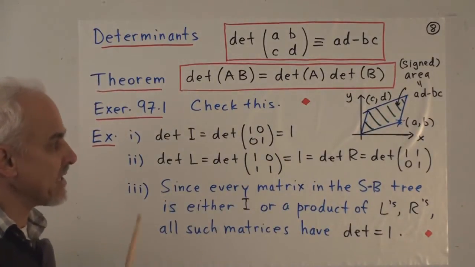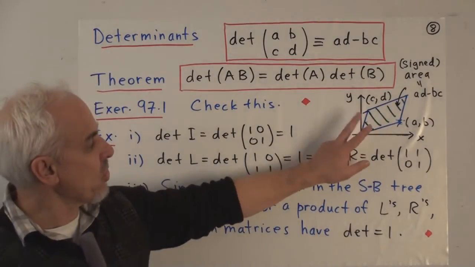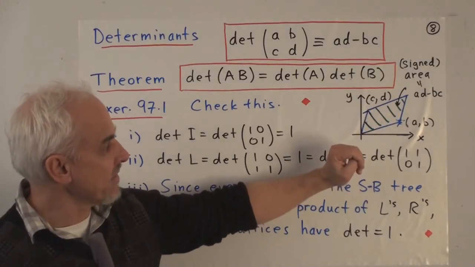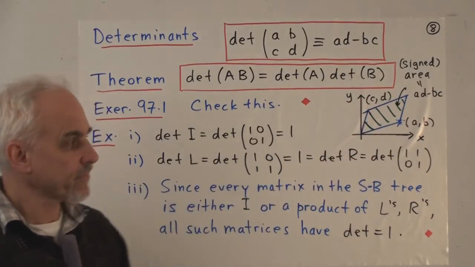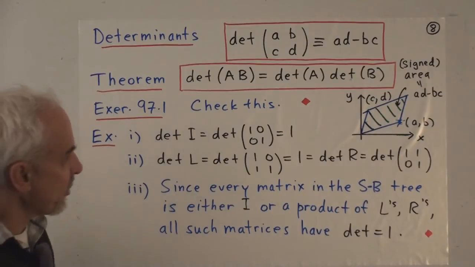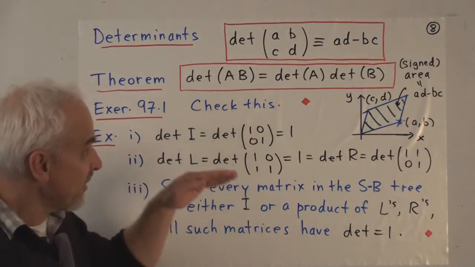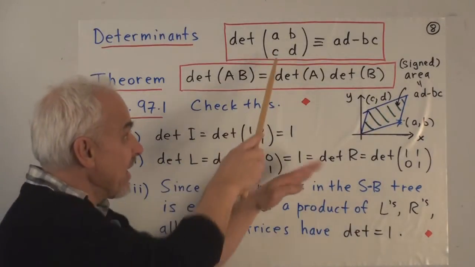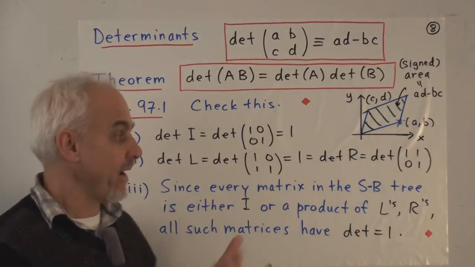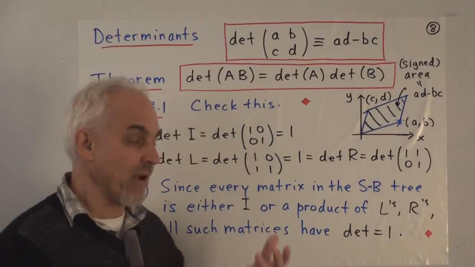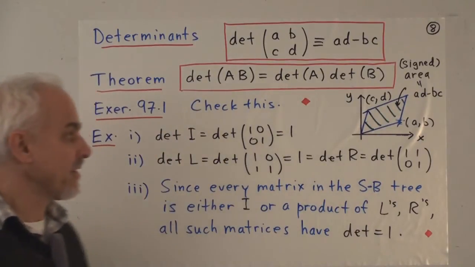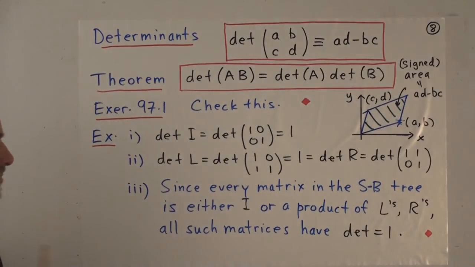It's actually a signed area because if you interchange the order of the two vectors, then the area changes sign. And we don't have to work with the rows, we can also work with the columns. So we could look at the two vectors AC and BD, and the determinant would also still represent the area of the parallelogram formed by them.